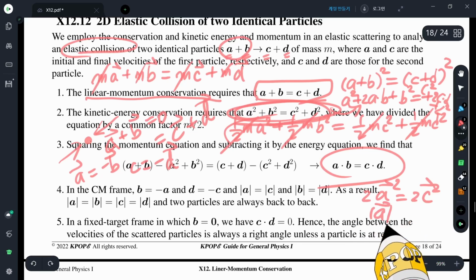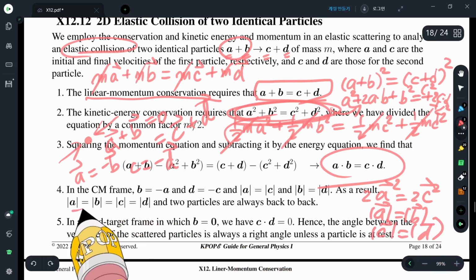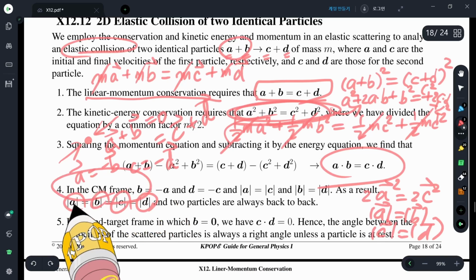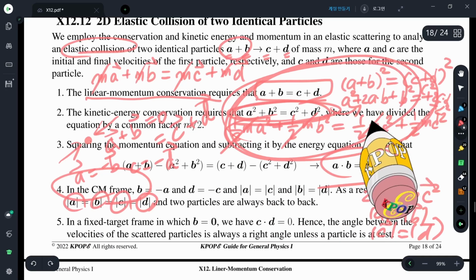So the absolute values of a, b, c, d are all the same in the same frame. Because this relation is true even in the non-CM frame, another simple frame of reference is the fixed target frame.